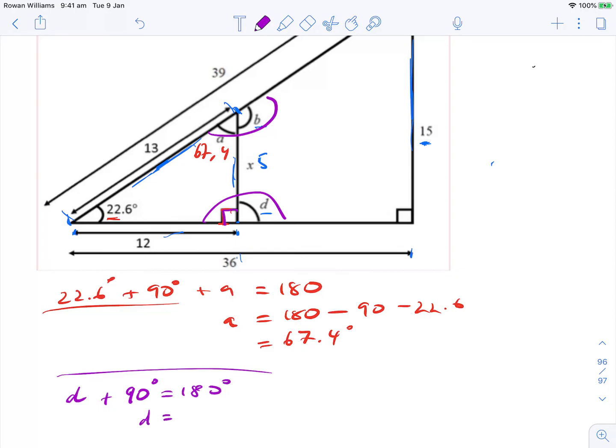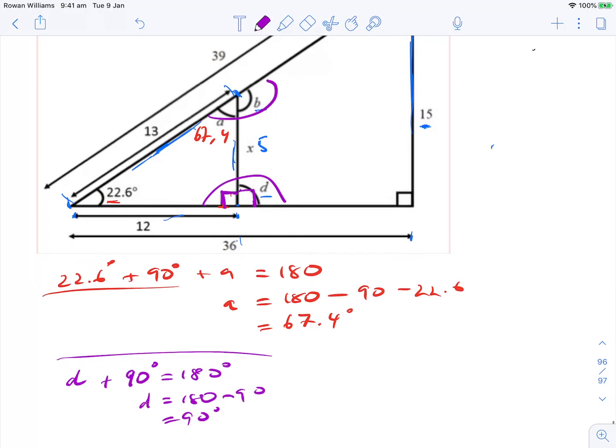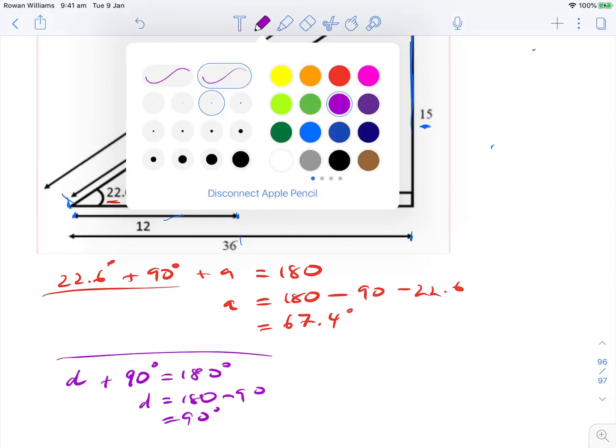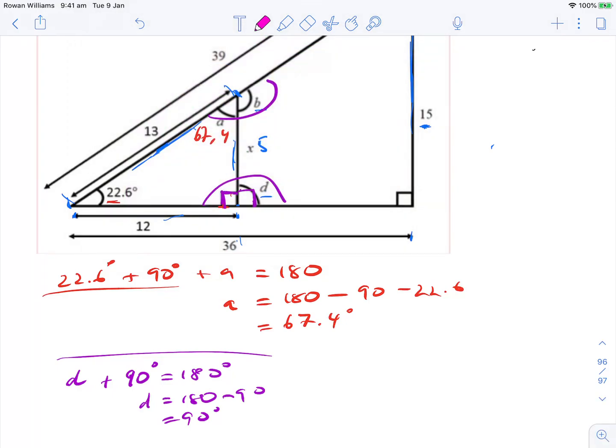That means D equals 180, take 90. D is also 90 degrees, which hopefully we can see that if we've got a 90 degree, this angle is also going to be a 90 degree angle. Then we'll jump across here, we'll just use a slightly different color. Now I've got a plus b is going to equal 180 degrees. And I know that a actually equals 67.4 degrees.